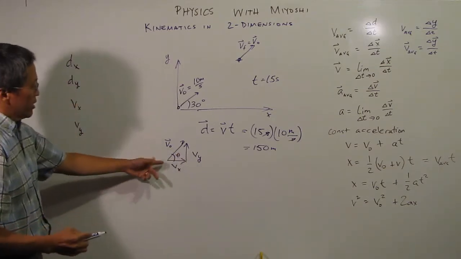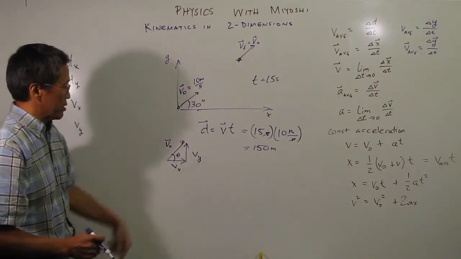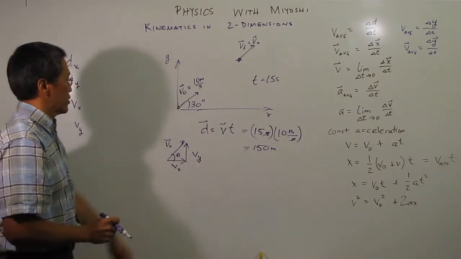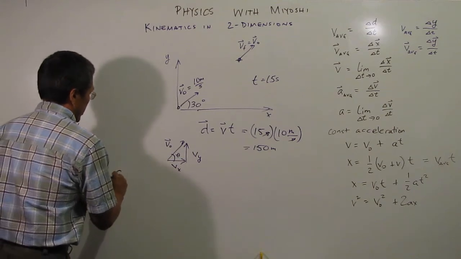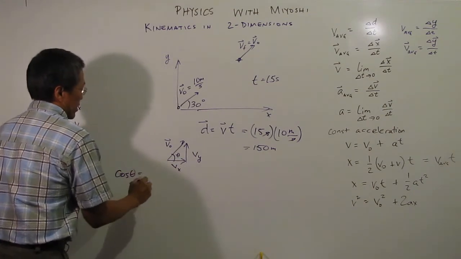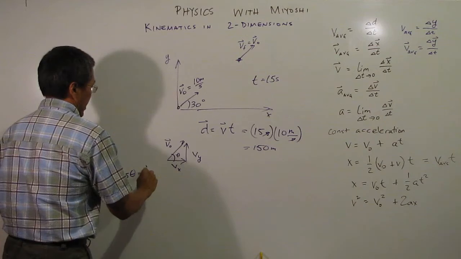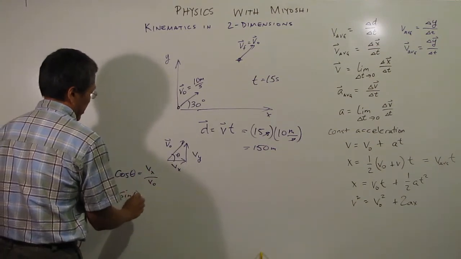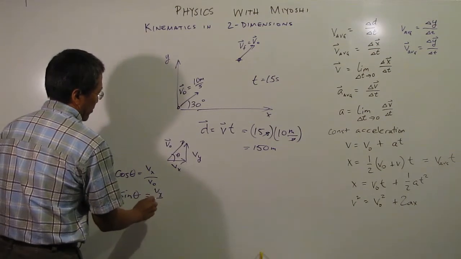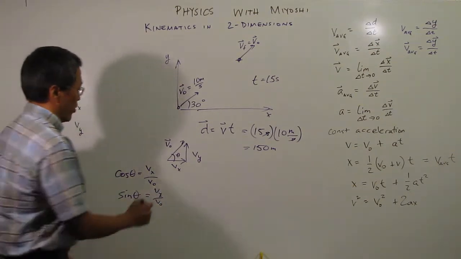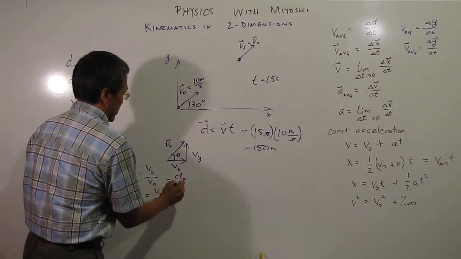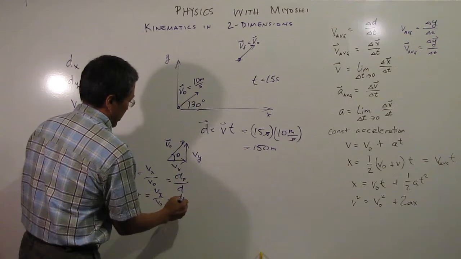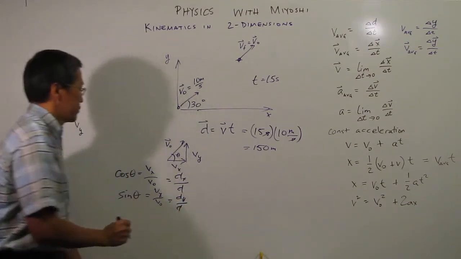I would always draw the picture instead of relying on saying that cosine is vx and sine is vy. Cosine of theta is vx over v0, and sine of theta is vy over v0. This would also work for dx, d, and dy, d.